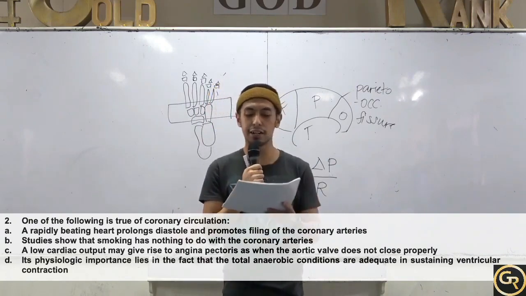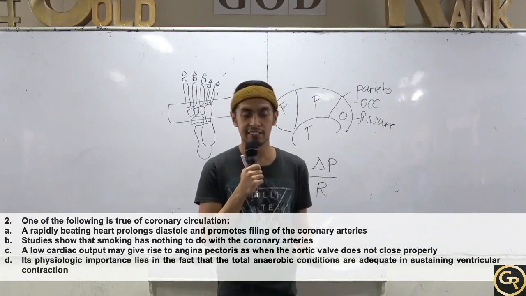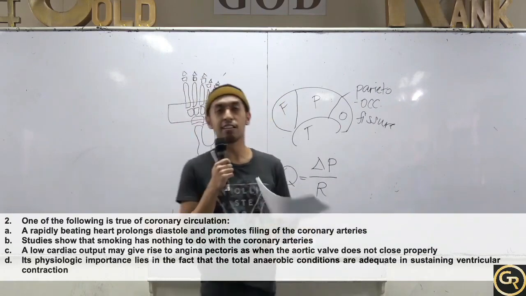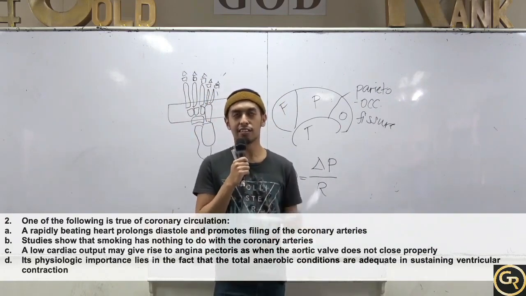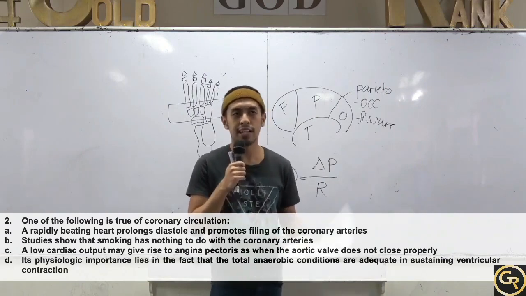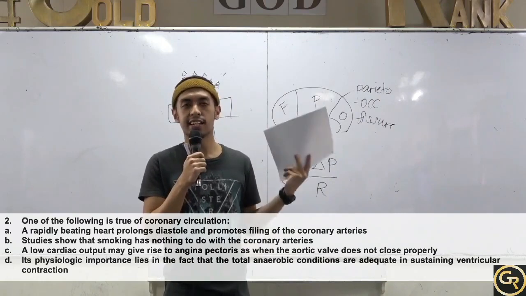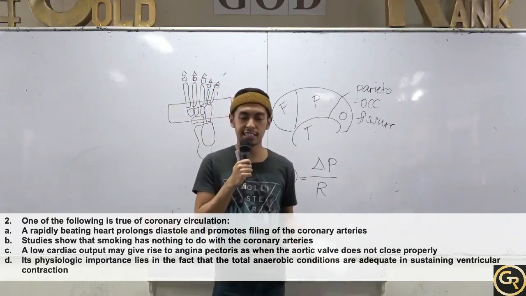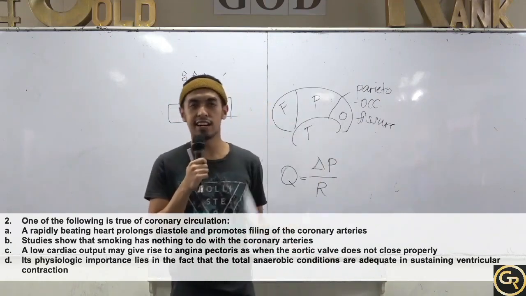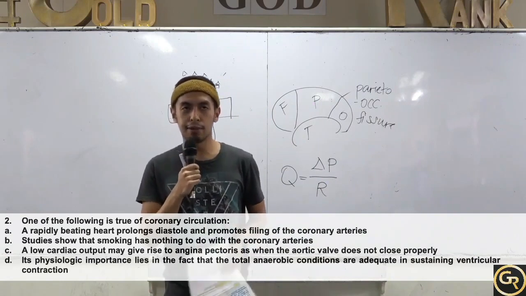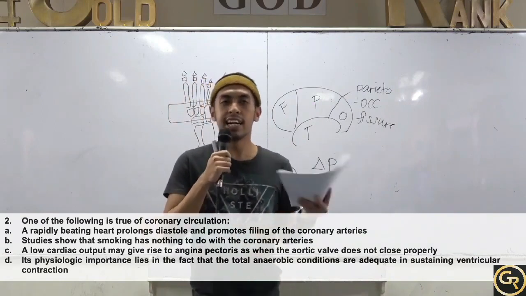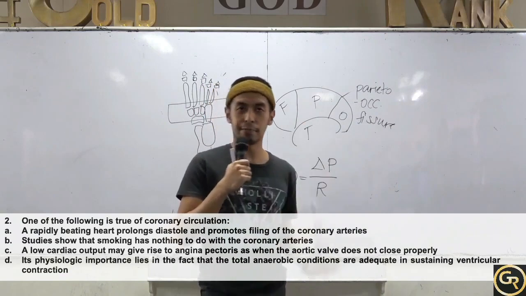So kung nagkakaroon kayo ng problems with the aortic valve, for example, in aortic stenosis, okay? Aortic stenosis, ang nangyayari po, there is a decreased volume of blood that exits the heart. Tama po ba yun? There is a decreased amount of blood that exits the heart. Therefore, nagkakaroon din po kayo ng limited blood supply in all parts of your body.